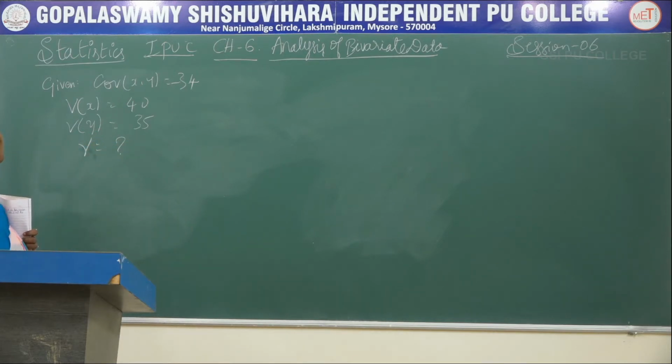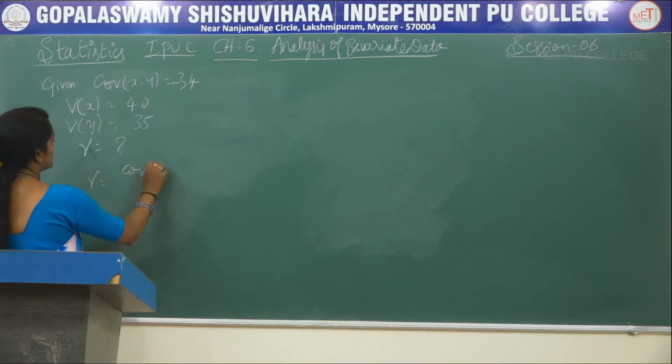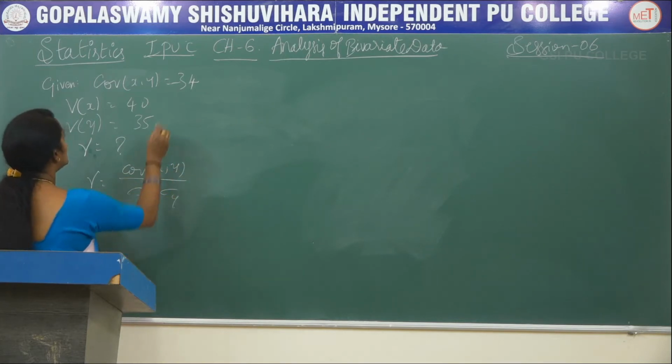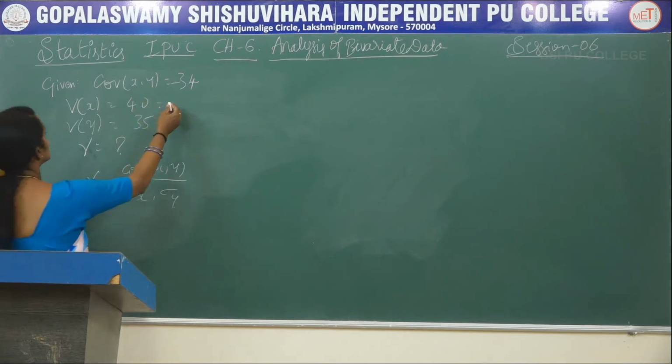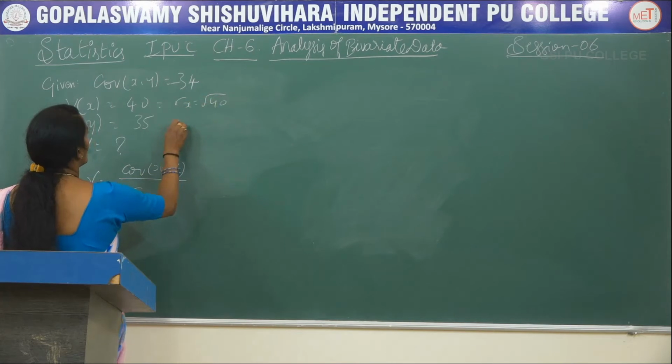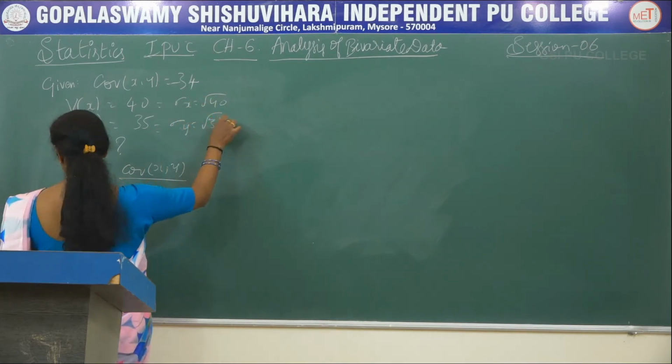We know the relation that R is covariance of x comma y divided by sigma x into sigma y. Here we have to take the square root: sigma x is root 40 and sigma y is root 35.